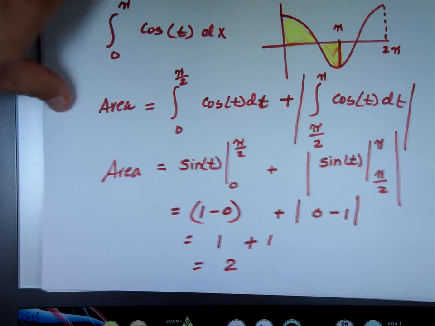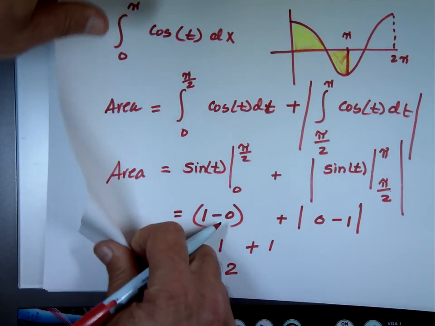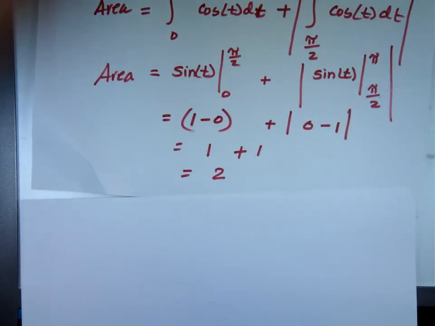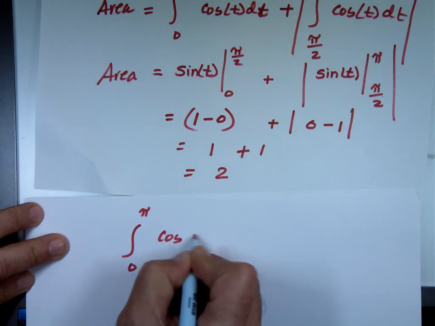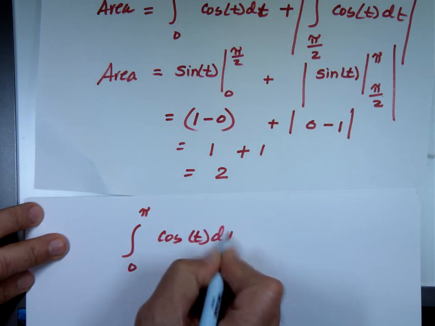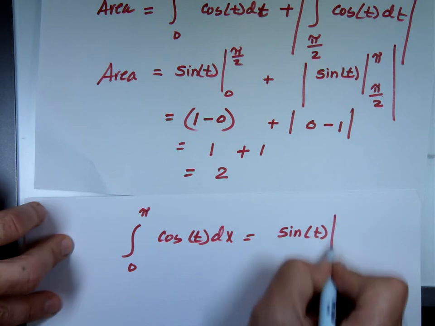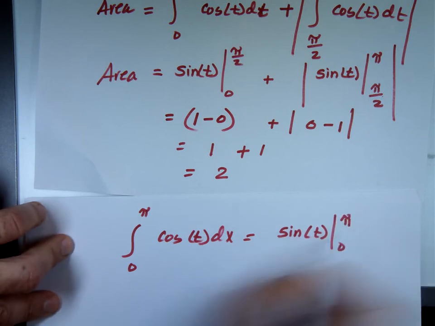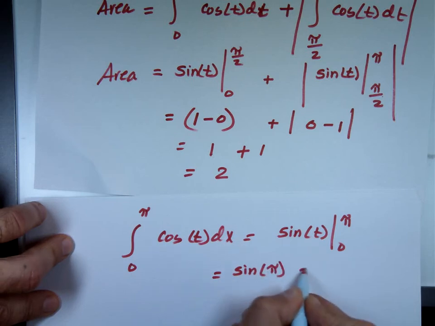If it just says integrate, didn't say find the area, you gotta be careful when you do these problems. If it says integrate, then you go, the integral is what? Sine from 0 to pi. So it's sine of pi minus sine of 0.